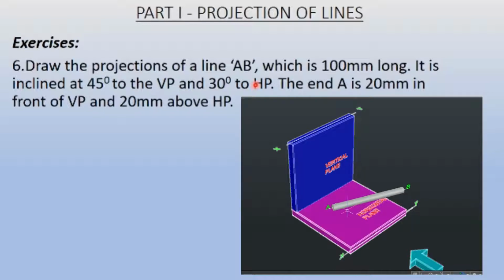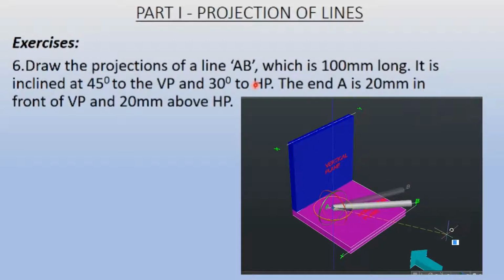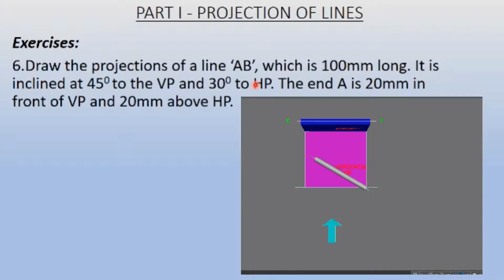So first I will make some more inclination with respect to the vertical plane, because the angle is mentioned as 45 degree. So you see that I have made the angle of inclination of the line with respect to the vertical plane as 45 degree, which will be observed while we are viewing from the top. So we will draw this top view in this fashion.